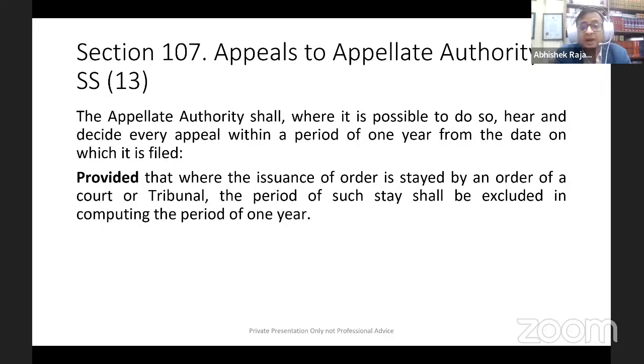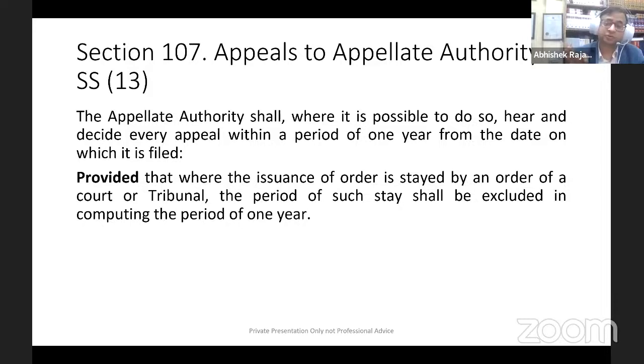So the recommendatory guideline is that the appellate authority should pass an order within 1 year. But this is only a recommendatory guideline. See, the appellate authority works as a quasi-judicial authority. And you can never provide a timeline on a quasi-judicial authority. Timelines can only work with the executive machinery.